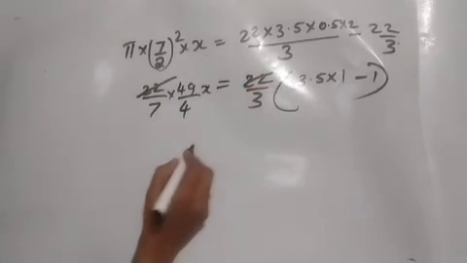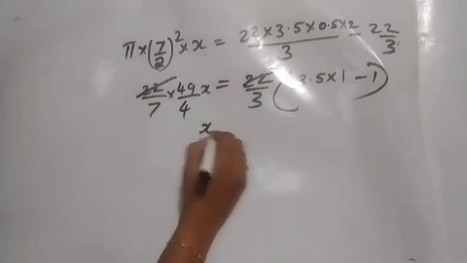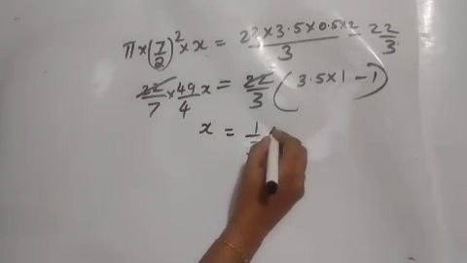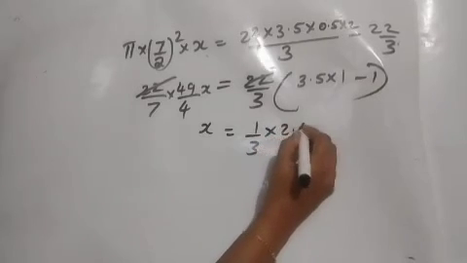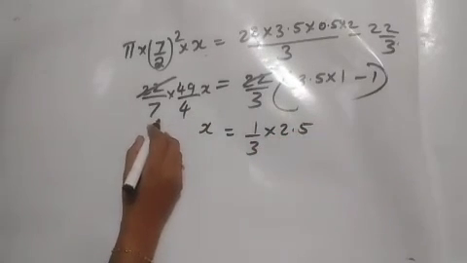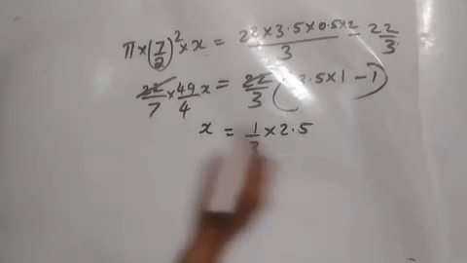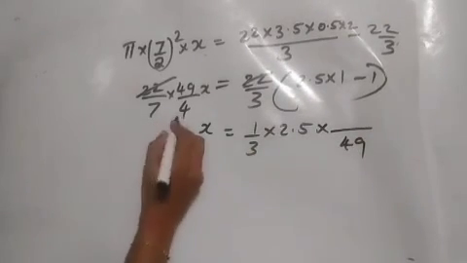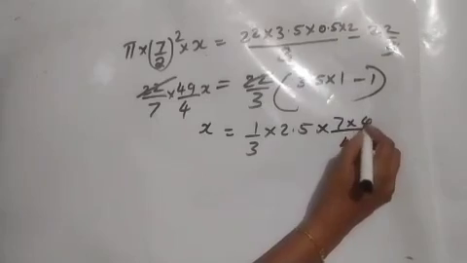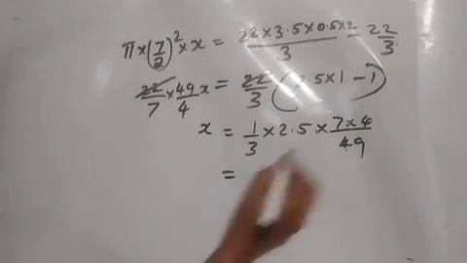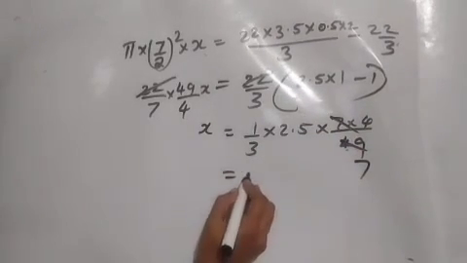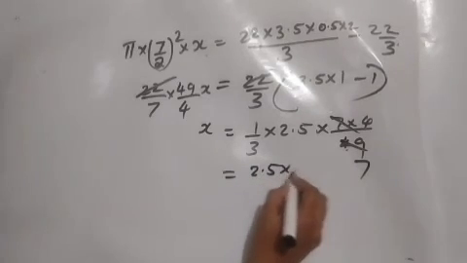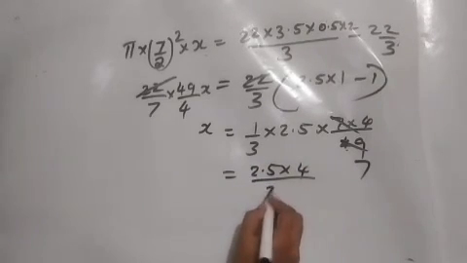From these two sides 22 we can cancel, and x is equal to 1 by 3 into 3.5 minus 1, which is 2.5, and this 49 and 49 we can divide to the right side. 7 and 4 we can multiply here. 7 7s are 49. So 2.5 into 4 by 3 into 7, 21.